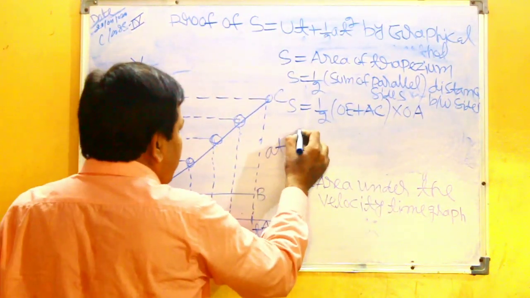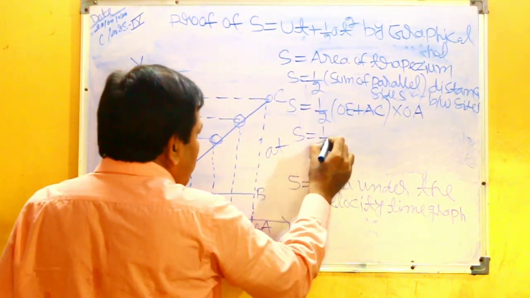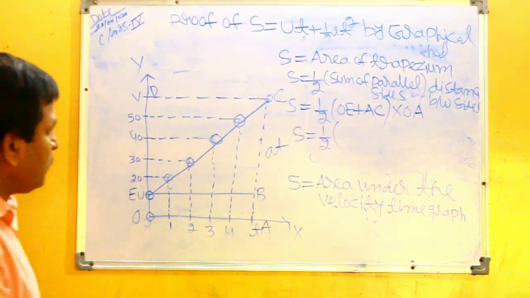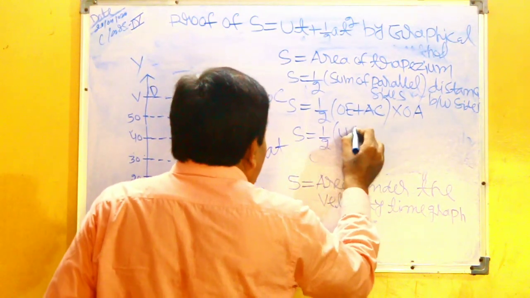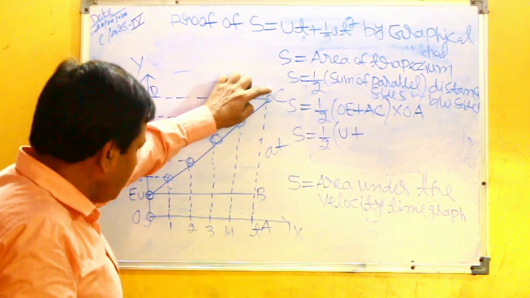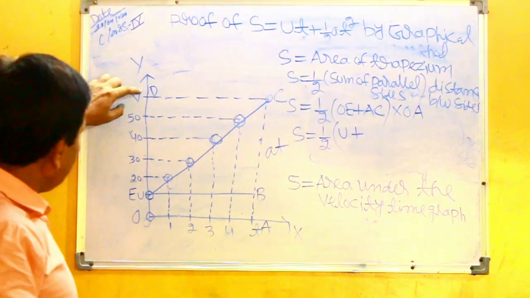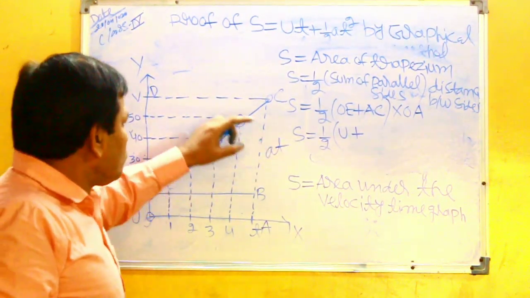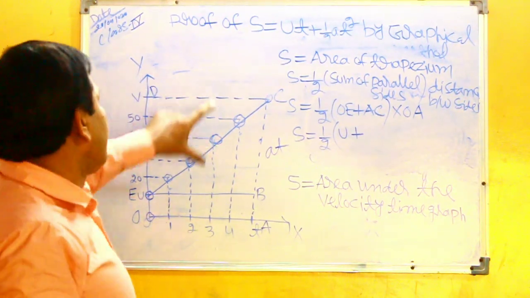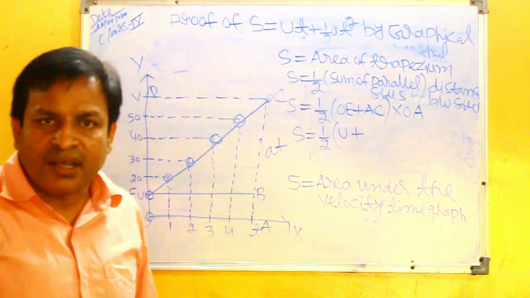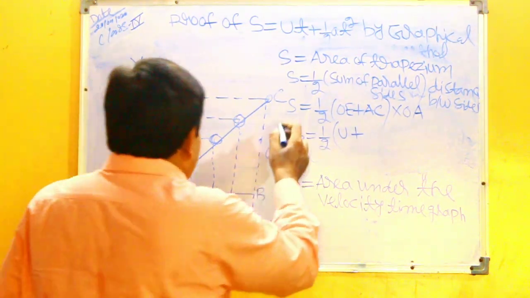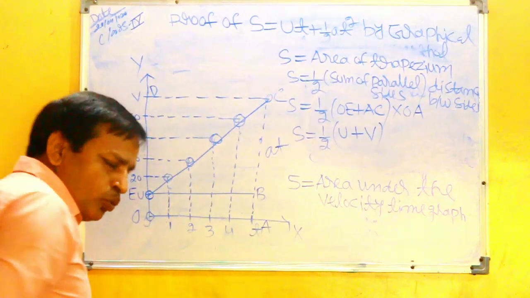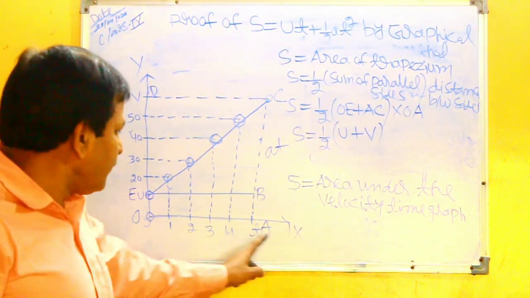Putting these values, we get here s equal to 1 by 2 into, look here, OB is u, so we can write here u plus AC. AC is equal to v because these both are parallel, so this makes a rectangle and opposite sides of rectangle are equal, so we can write here AC equal to v. And OA is time, so we can write here directly t.